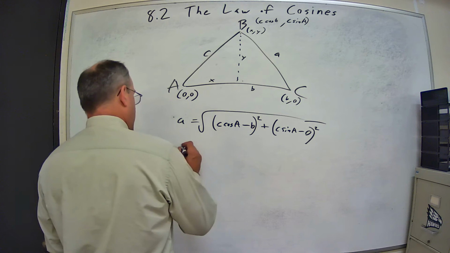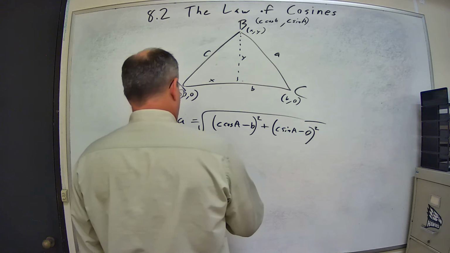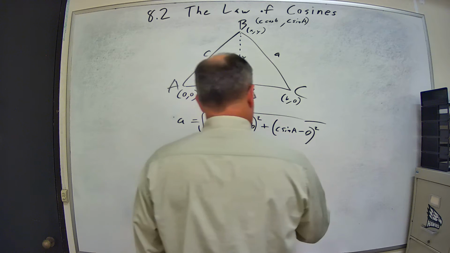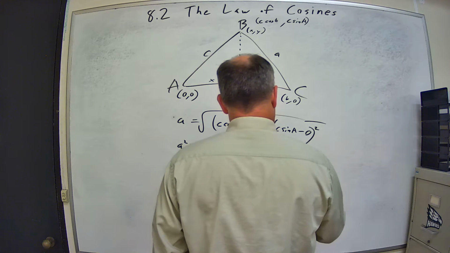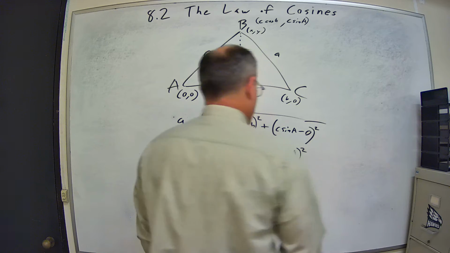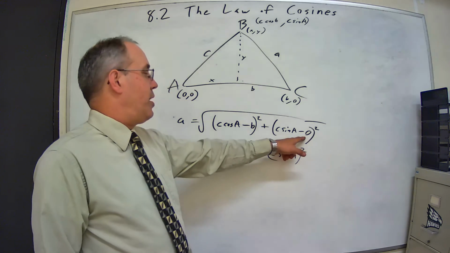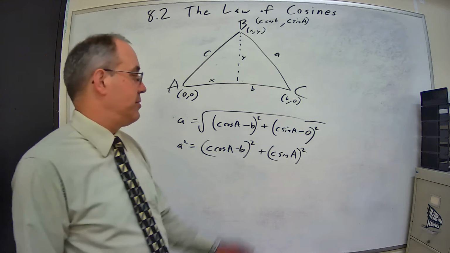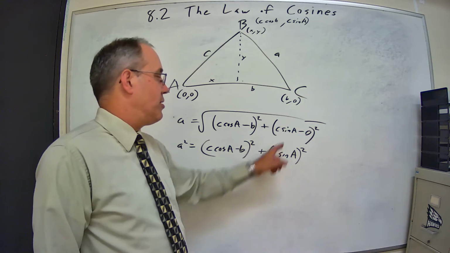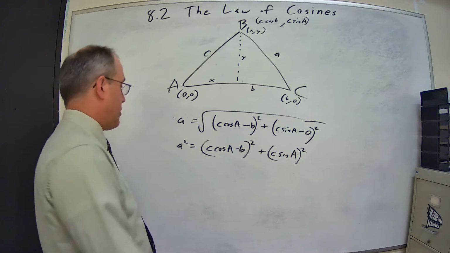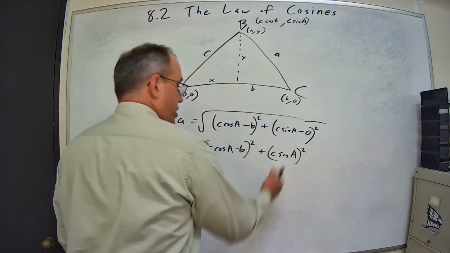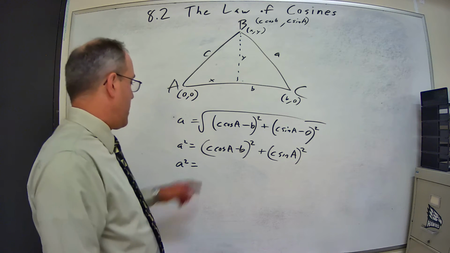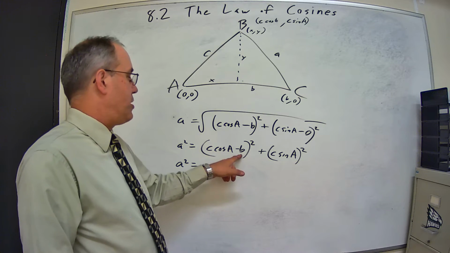If I square both sides, I get a squared is equal to (c cosine A minus b) squared plus (c sine A) squared. Now, what did I do here? I said c sine A minus 0. If you take 0 away from something, you end up with the same thing. So I just dropped that out as I made that transition. Now I'm going to square each of these. So a squared is equal to, and I've got c cosine A minus b squared.